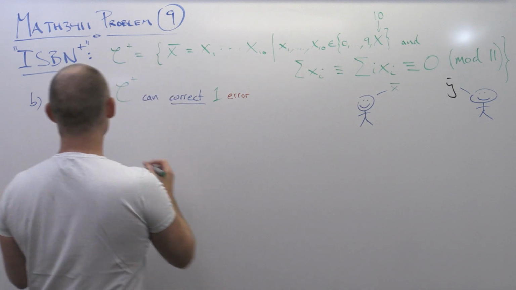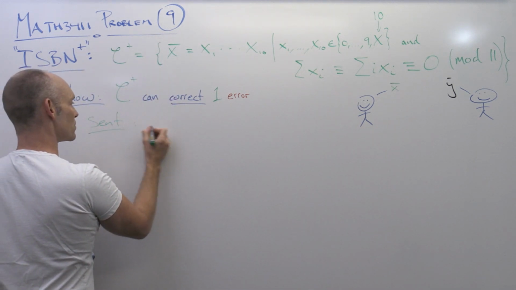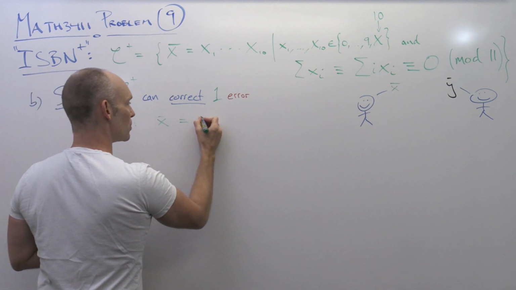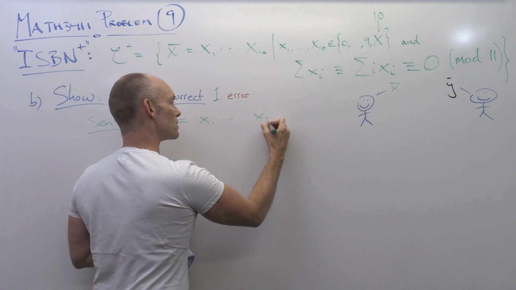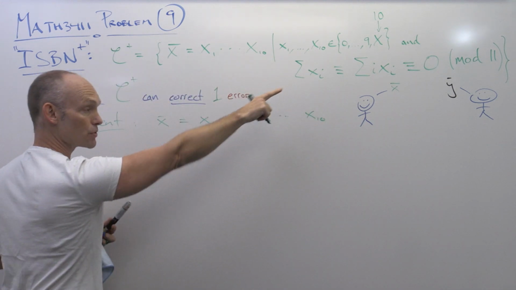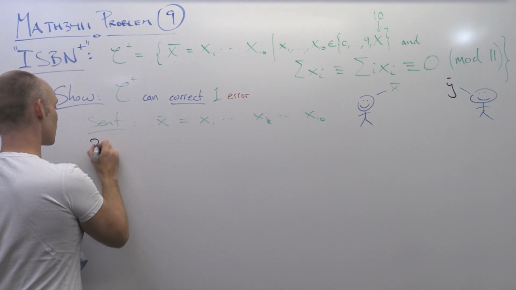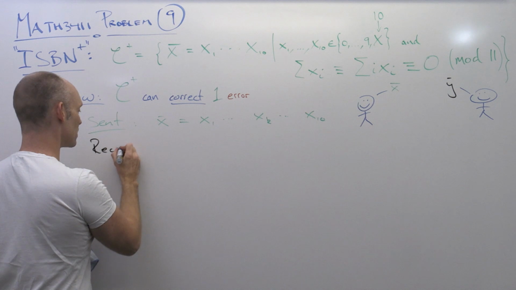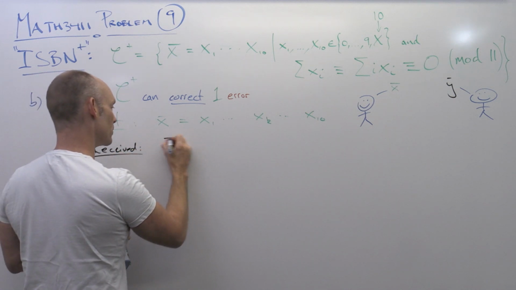So over here we've got sent. That was the code word, the ISBN plus if you want. 10 digits there, satisfying those two congruence equations. And then we've got received. Oh, this is a rather more visible pen. Here we go.